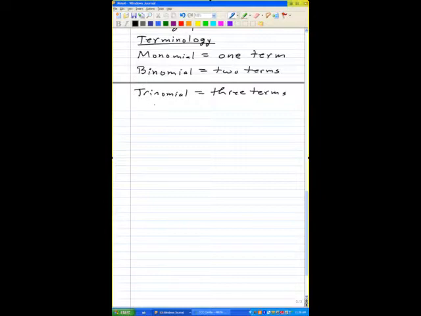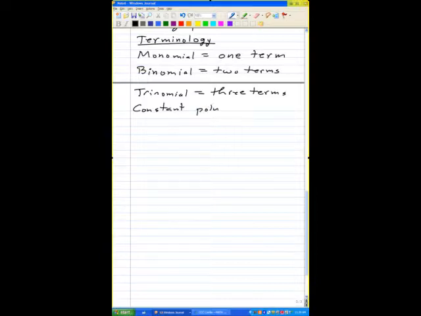So we give names to particular polynomials.